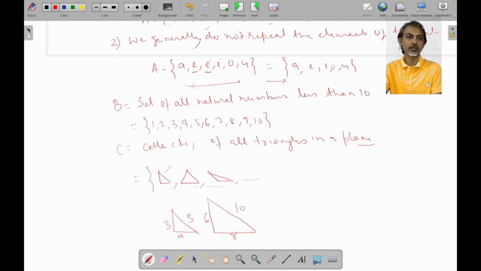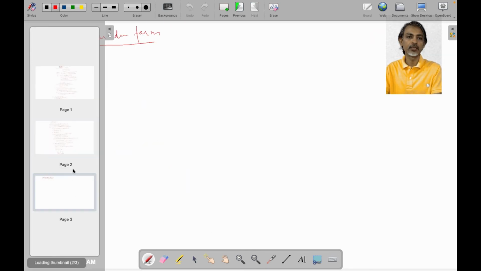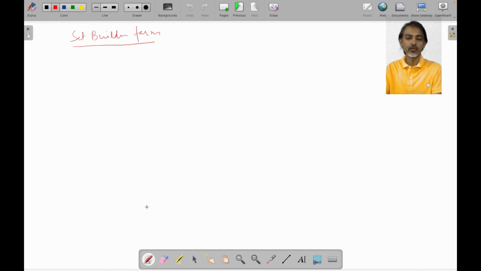So this is where set builder form comes in handy. What we do in set builder form is that we write the elements of the set in a form wherein these elements are connected by a common property. First let me write the definition and then we will try to understand it with an example as well.